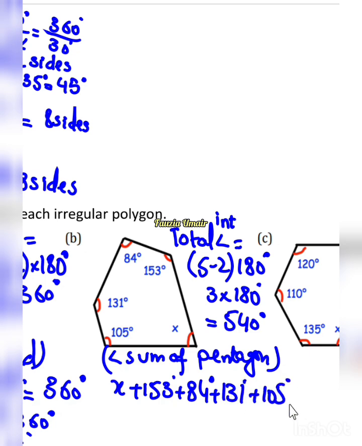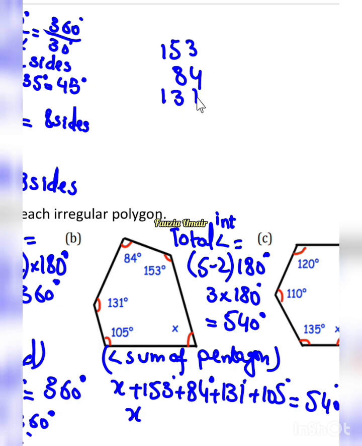I'm adding all the 5 angles, and the sum should be equal to 540 degrees. So I need to calculate the value, so I'm just adding it here. 153. So be careful of these calculations. I have seen students making mistakes in these small calculations, even when they know all the things really well.